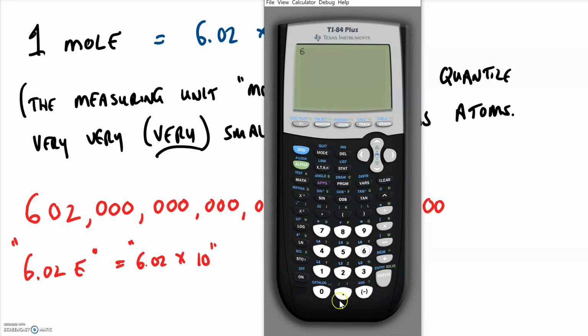You're going to say 6.02, and you're going to say times 10 to the, you're going to use this little caret function and enter the exponent that way. And that looks great, but I'm telling you that doesn't work. So please don't do it that way.